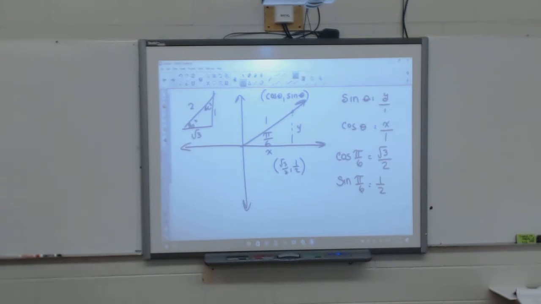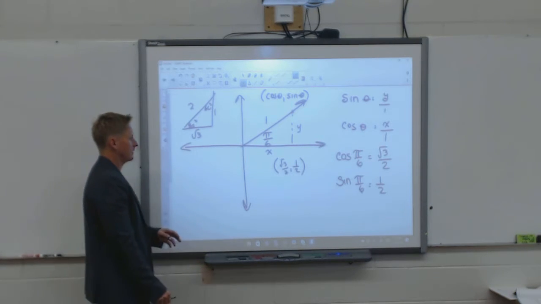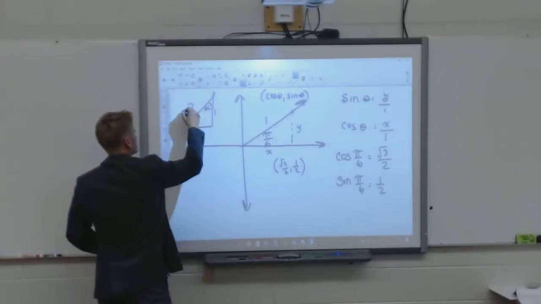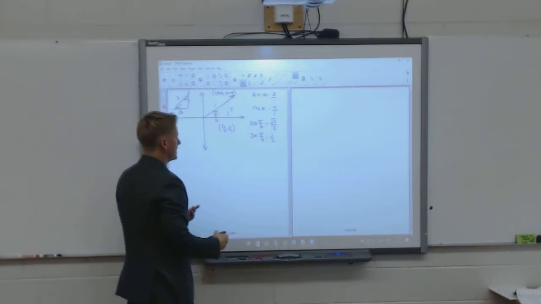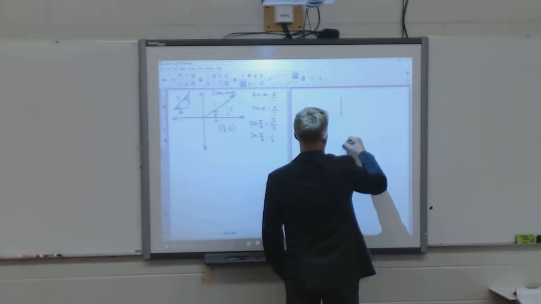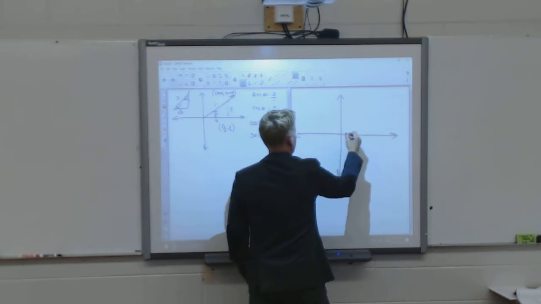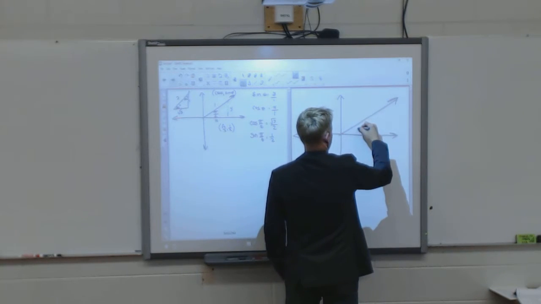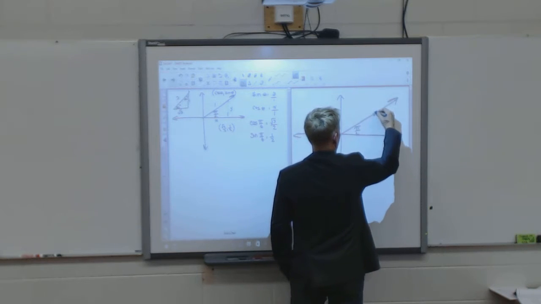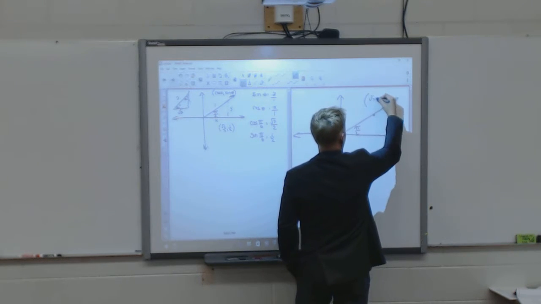Okay? So as long as the reference angle stays as pi over 6, all of the values around that circle are going to remain the same, except for what? Okay, so I draw that out this way. This is pi over 6. This coordinate right now is root 3 over 2 and 1/2.